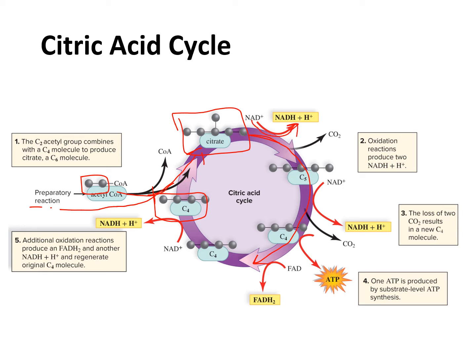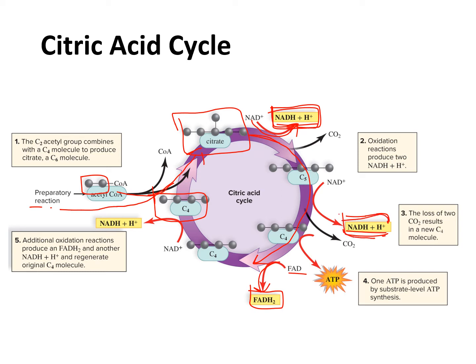So it's going to reduce NAD a couple of times. So there's the NAD, and it will also reduce FAD into FADH2. So these are the electron carriers. Think of them as the energy carriers. So as energy is removed from the citrate, as the citrate is oxidized, that energy is transferred to these electron carriers.